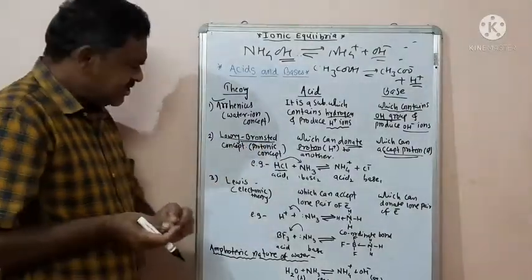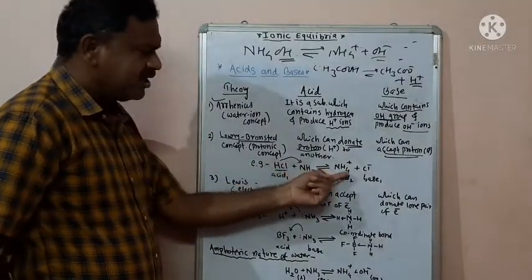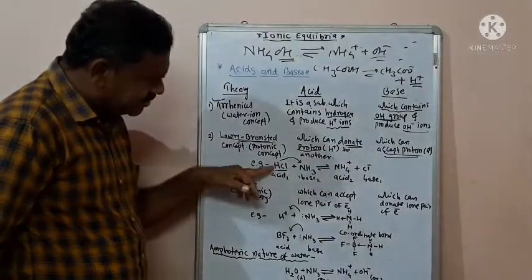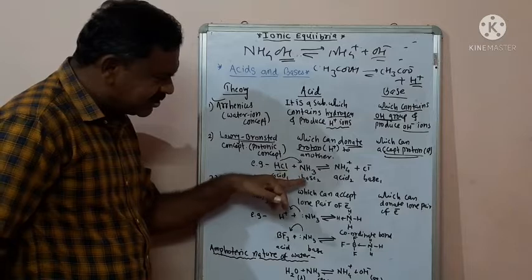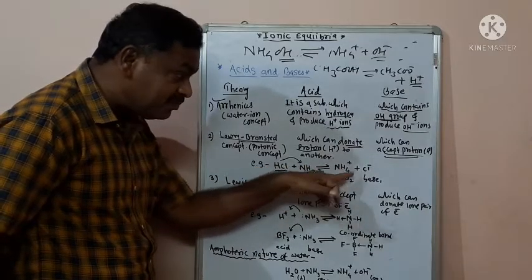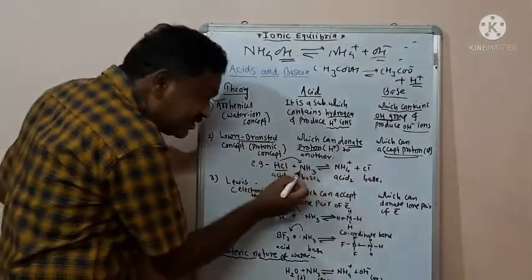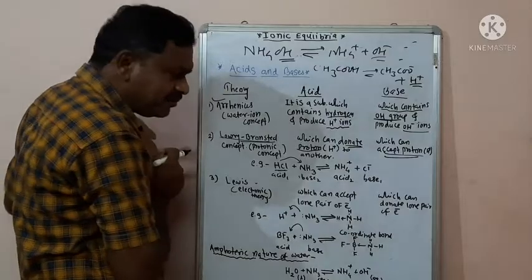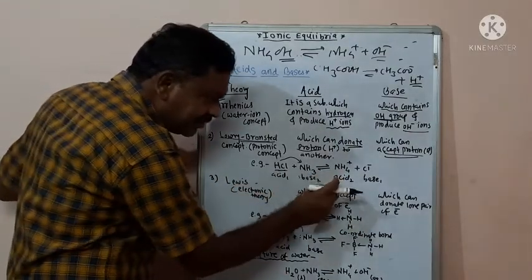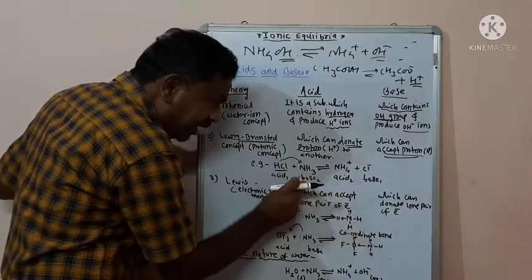Now, see this example again: HCl plus NH3 gives ammonium and Cl minus ions. Here HCl is the acid and NH3 is the base, and then the ammonium ion formed is also an acid and Cl minus is also a base. This is a reversible reaction. HCl is the acid, and the ammonium formed is also an acid.